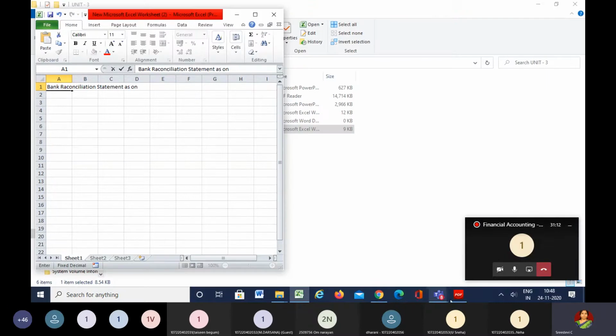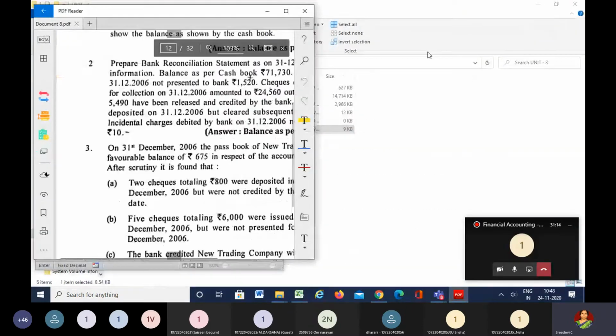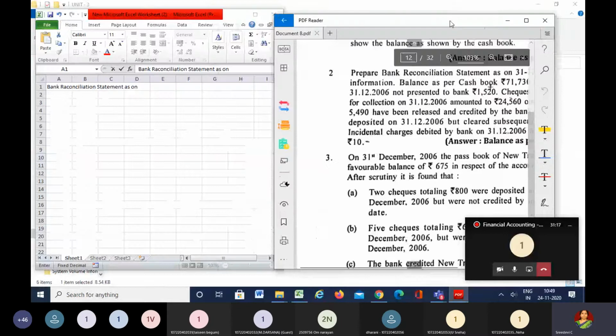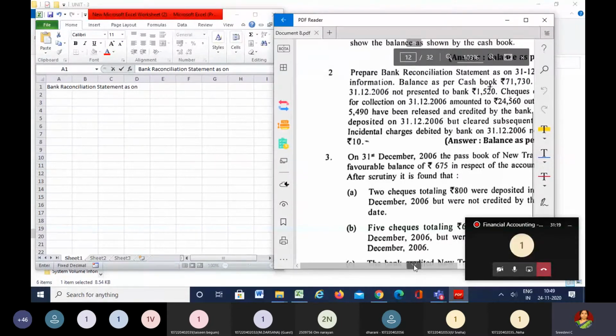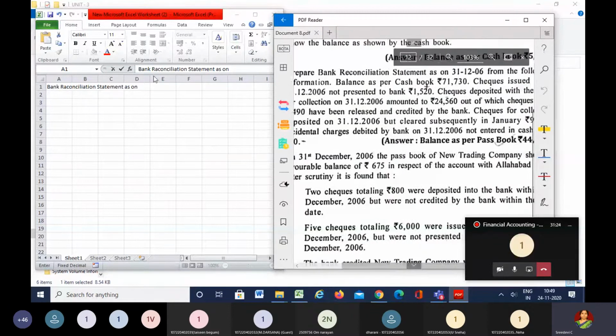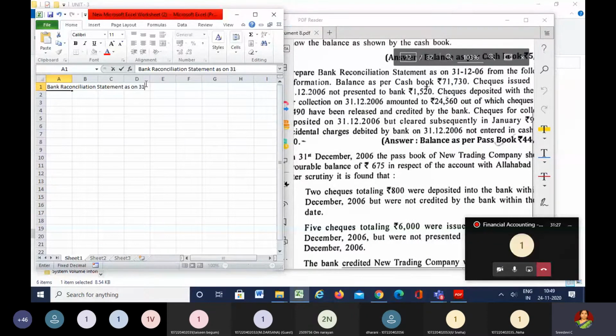So here it's being given as on. So let us have both the things on the screen. Now, so here as on, it is 31st of December 2006 is the year for which we are preparing, and the first column is for the particulars, followed by an amount column, that is an inner column, followed by another column.